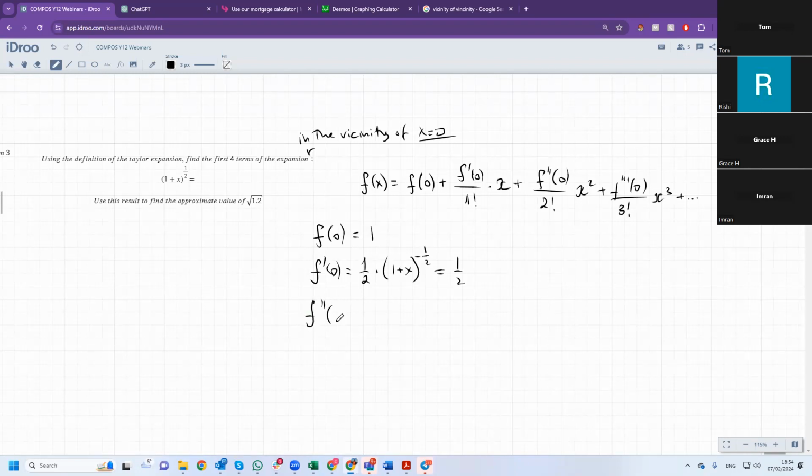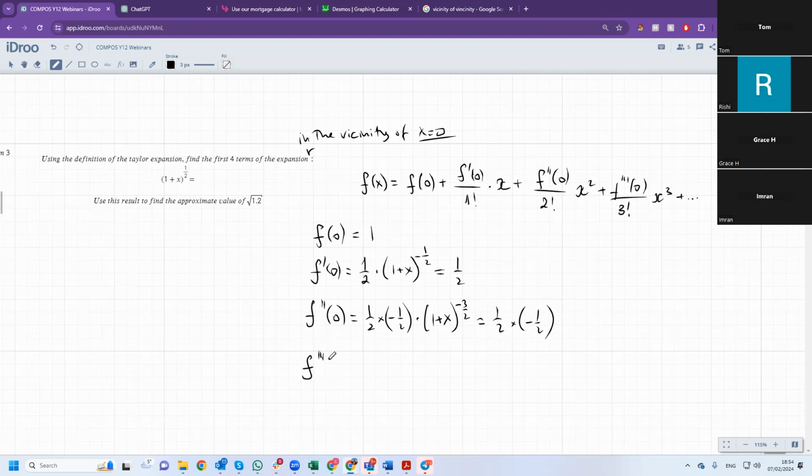F double prime of 0 is going to be 1/2 times minus 1/2 multiplied by 1 plus x to the power minus 3 over 2. We need the first 4 terms, right?